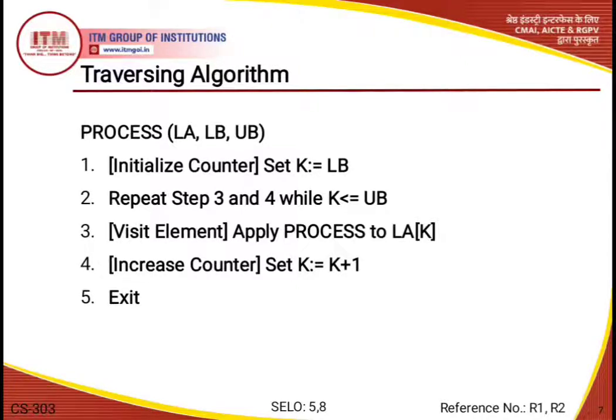Then in the first step we initialize the counter value. We need to count each element, so we start this counter, and we take a variable, indicated as k, for the calculation and also for the comparison. Here we set k equals lower bound.